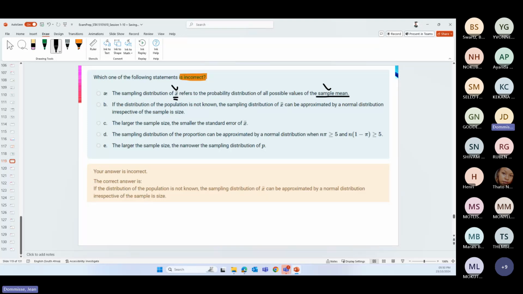So A is correct. Then option B, if the distribution of the population is not known, the sampling distribution of X can be approximated by a normal distribution irrespective of the sample size.